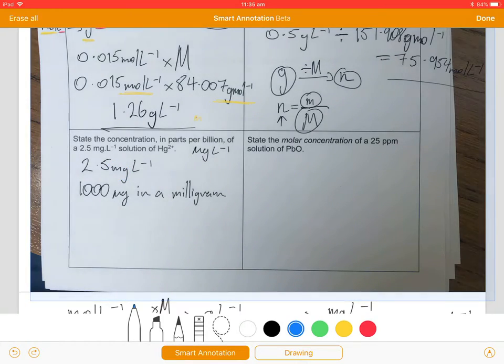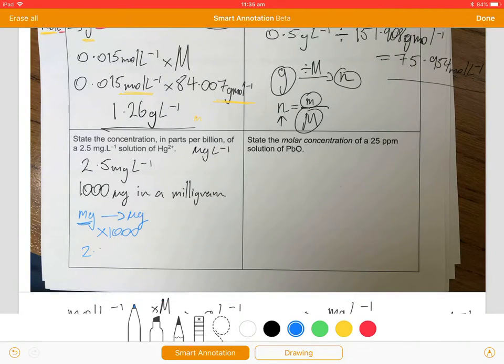All that's changing here is the milligrams is going to micrograms. If you've got 1,000 micrograms in 1 milligram, then for every 1 milligram, you've got 1,000 micrograms, so we're going to multiply this by 1,000 to get there.